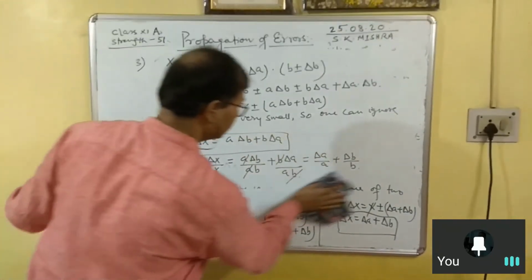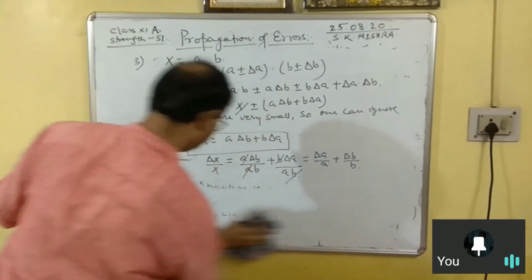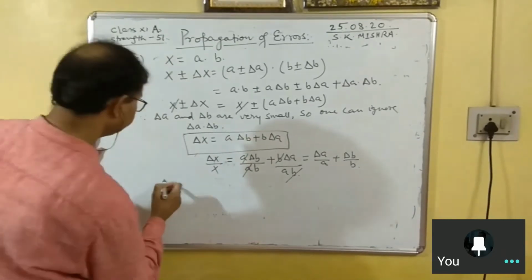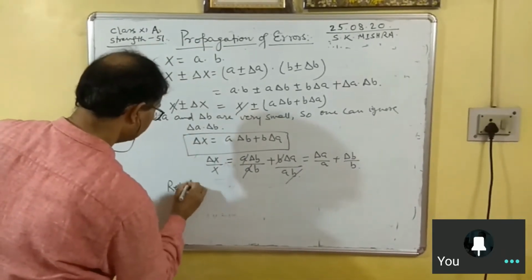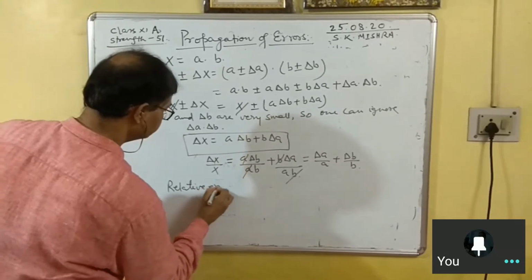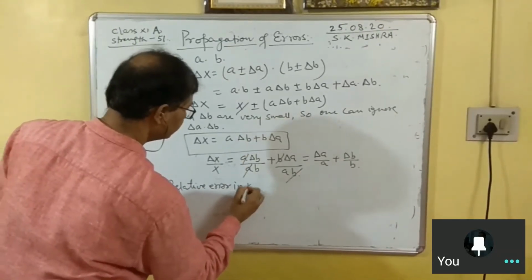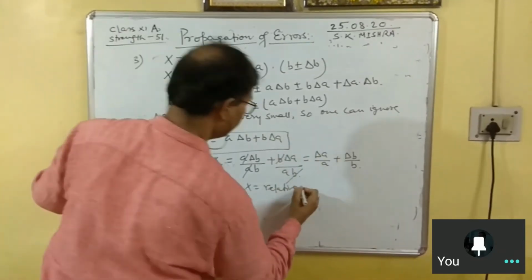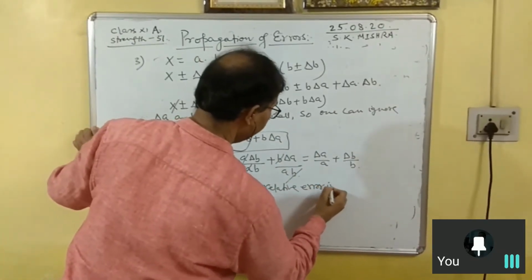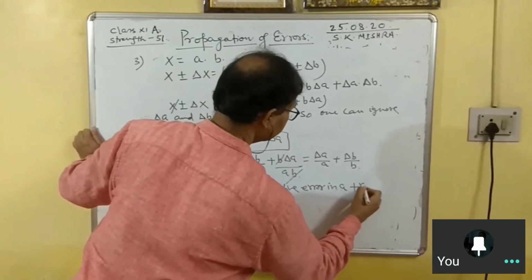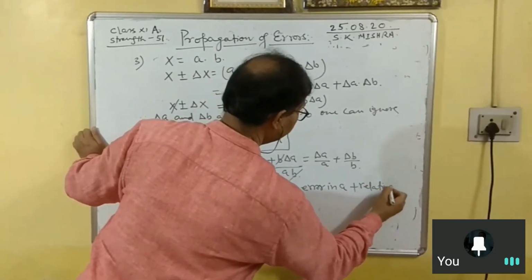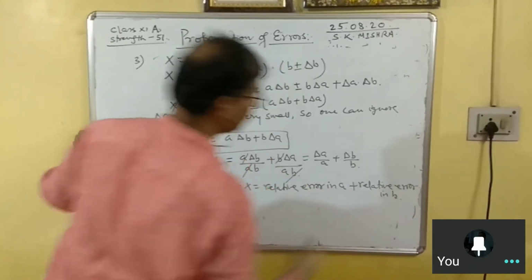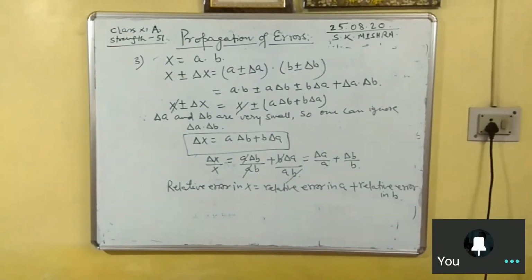So we are going to write: relative error in x is equal to relative error in A plus relative error in B. Written, all of you?